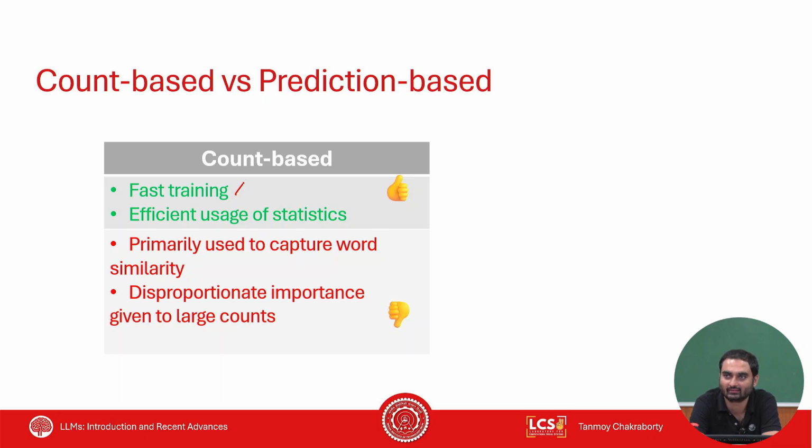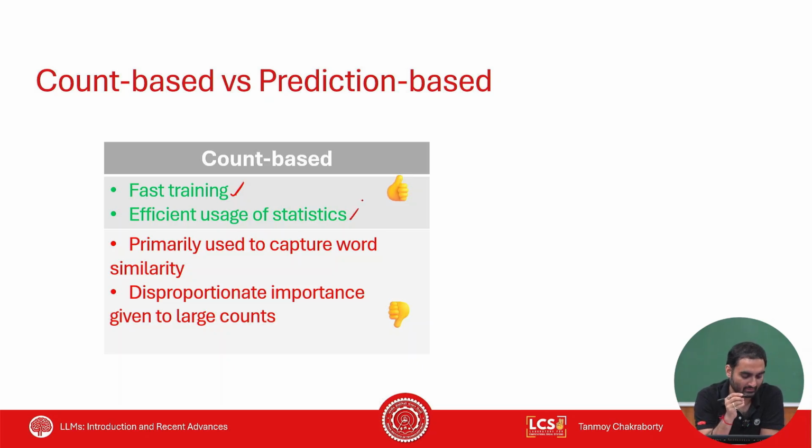Because what do you need to run these methods? You need to just scan the entire document and prepare this matrix. Once you scan the entire document and prepare this co-occurrence matrix, you are done, and then you need to run TF-IDF and so on. It's a very simple computation, so this is fast in training.